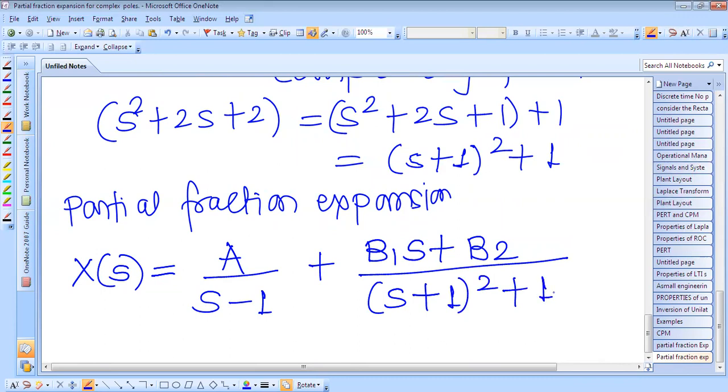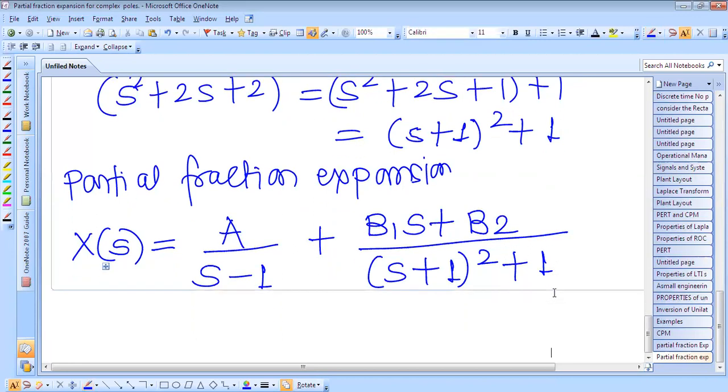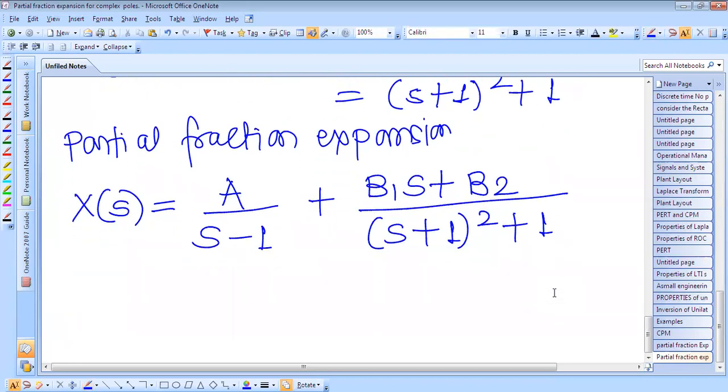So this is a partial fraction expansion, where we have replaced the above equation with the single quadratic term, the second part of this equation. Okay, so this coefficient A can be found by the method of residues. So we'll first find A by the method of residue.